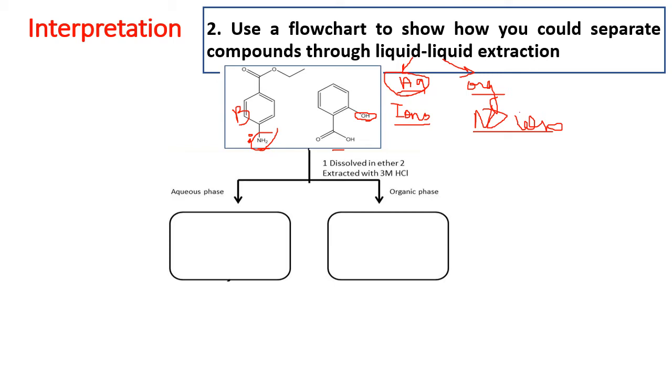But here, the most important functional group, which is the carboxyl, having what? Having the carbonyl with the OH. The carboxyl group donates a proton, turning to be C double bond O and O minus. Since it's acidic, it donates an H plus, turning to be C double bond O minus.